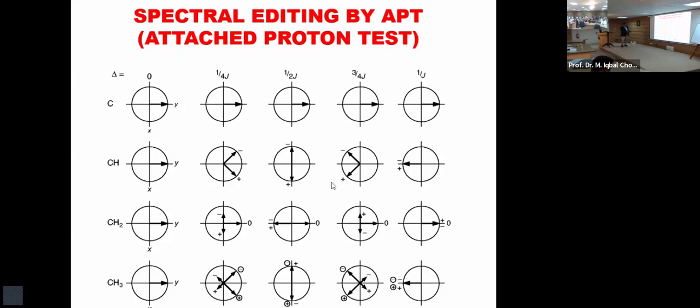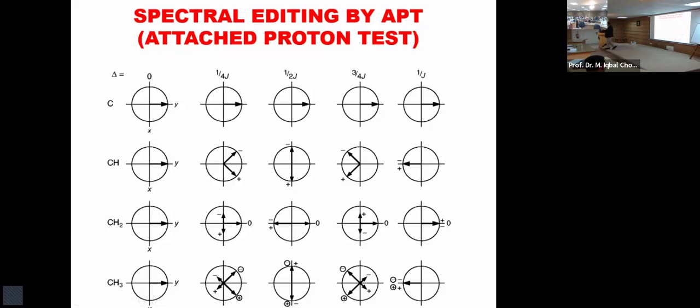This poor CH, which is split into 2, these 2 signals after this time will merge on negative Y. This CH2, which is a triplet, will go all the way, complete the circle and merge at positive Y. This CH3 will complete 1.5 circles and merge at negative Y. Because they have different Larmor frequencies.